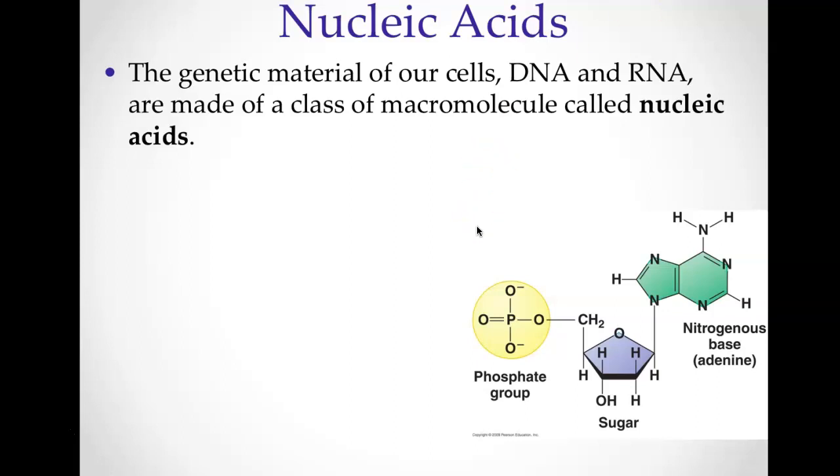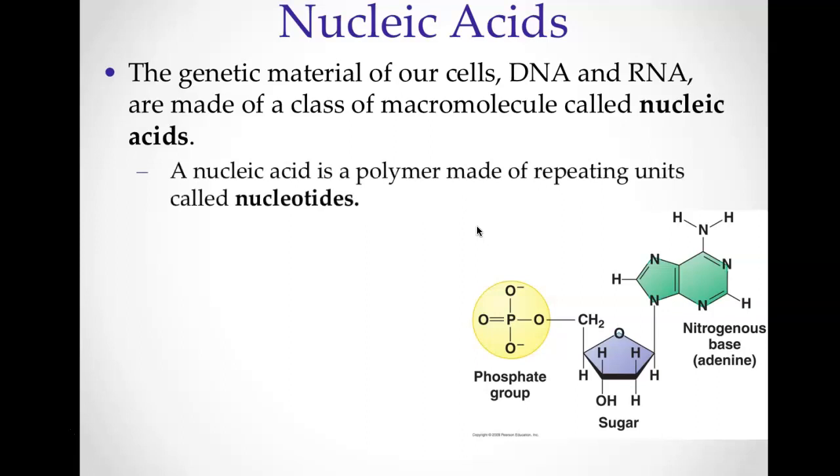All right, this is the only macromolecule. Well, I take that back. This is the only macromolecule that is going to have a phosphorus every single time. All right, and so nucleic acids are made up of repeated units called nucleotides. So this is the monomer of a nucleic acid. This is the unit of a nucleic acid. And so in order to have DNA or RNA, you're going to have a bunch of these things bonded together.